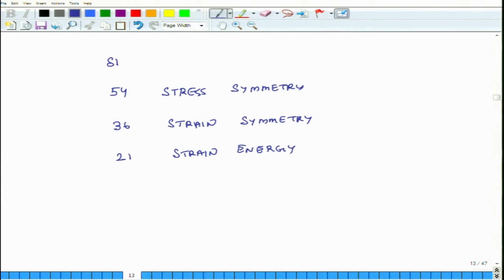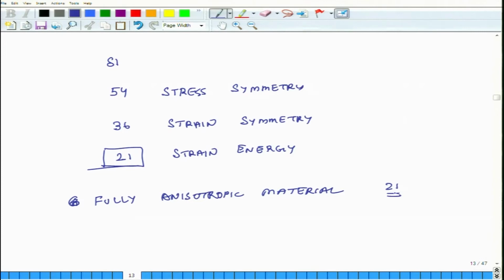Going forward, we will continue this discussion even further, but at the end of the day, 21 is the total number of constants required, we cannot reduce this number any further. So, for fully anisotropic material, we need 21 independent material properties.